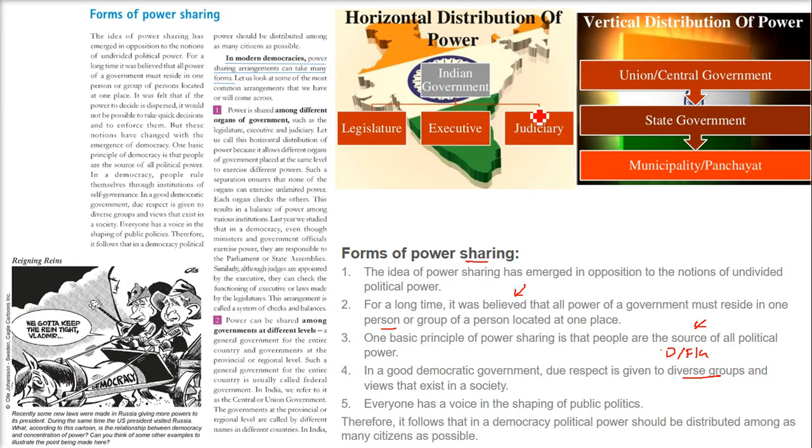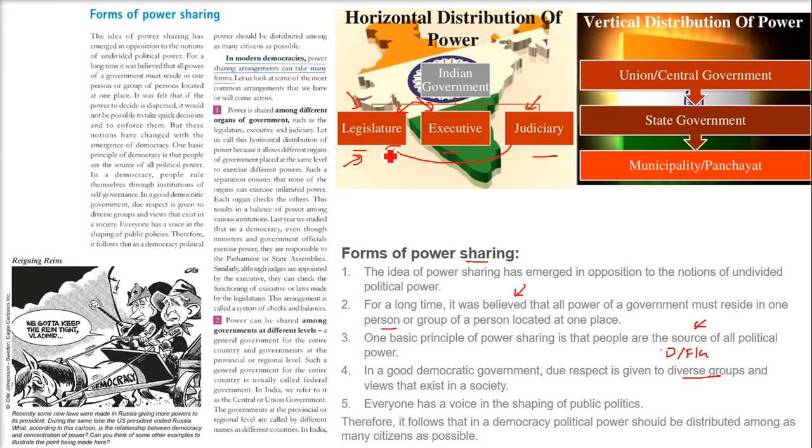So in modern democracy, how is the arrangement of sharing power made? The first one here is the horizontal distribution of power. The legislature, executive and judiciary are at an equal level, and they use their power and also check others' power.